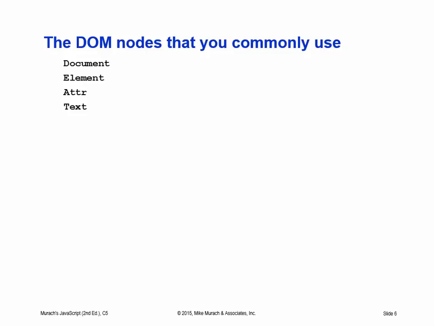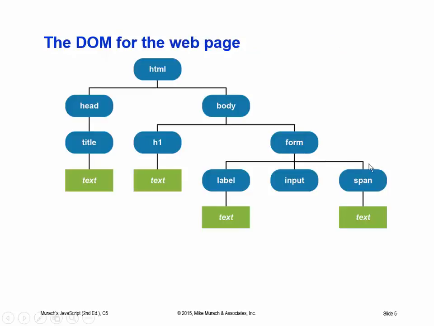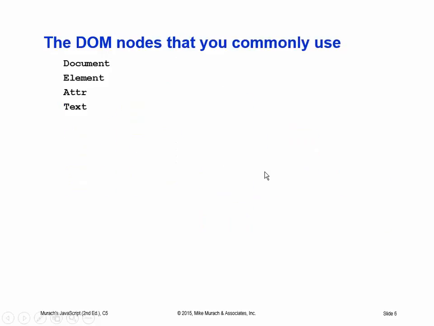The ATTR DOM node, which is an attribute of an element. Although it's attached to an element node, it isn't considered a child node. It can have a text node as its child node. And you see an example of that right here. Text, which is the text for an element or attribute, is typically known as a leaf node because it can't have any children.